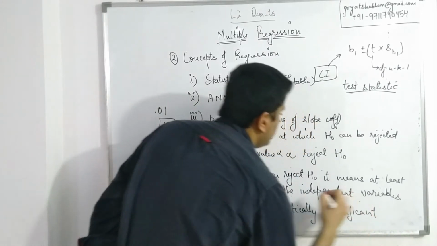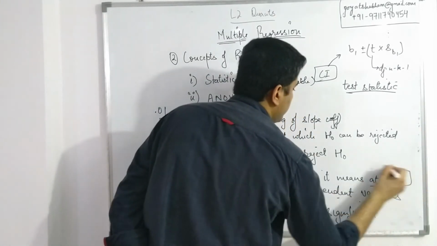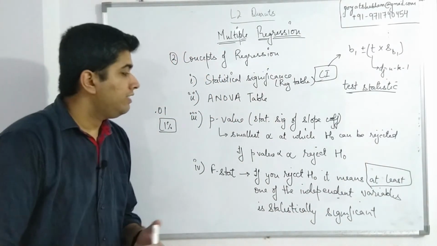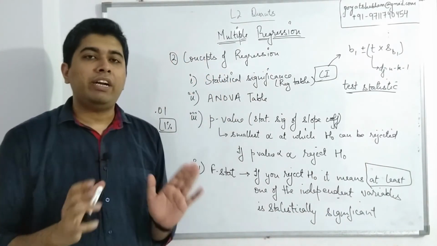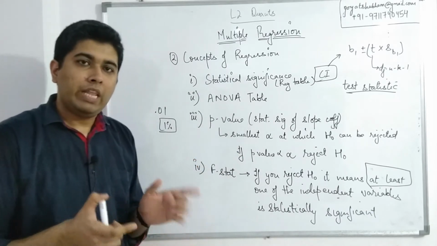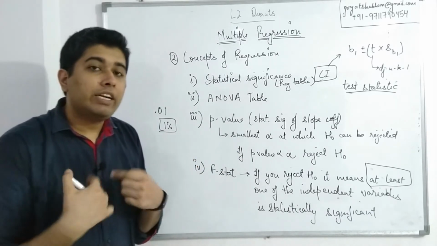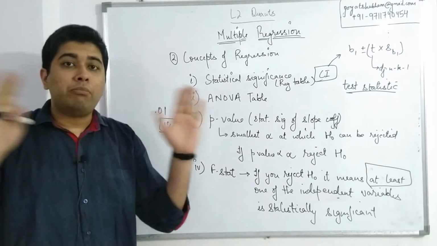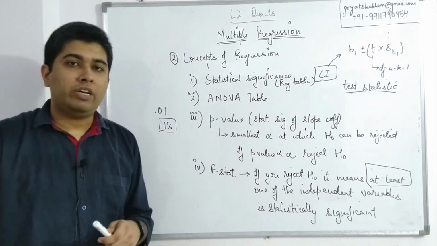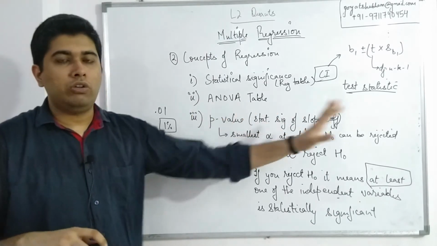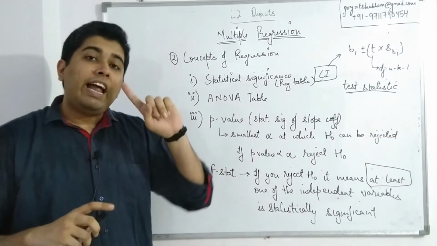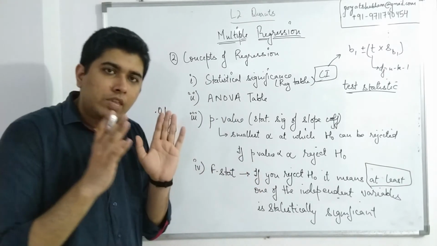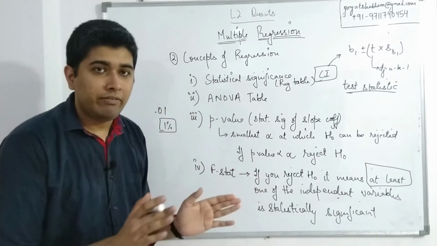The keyword being at least. So f-stat is checking my entire model, all independent variables taken together. But if I am rejecting my null hypothesis on the basis of f-stat, it doesn't mean that my model as a whole is 100% correct and all variables are also good. It means that at least one out of all the independent variables is statistically significant.